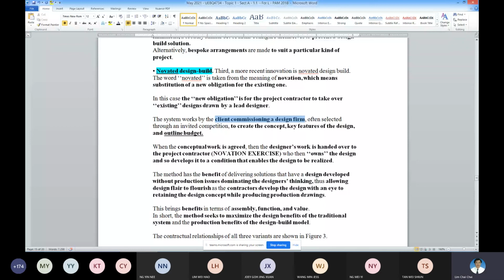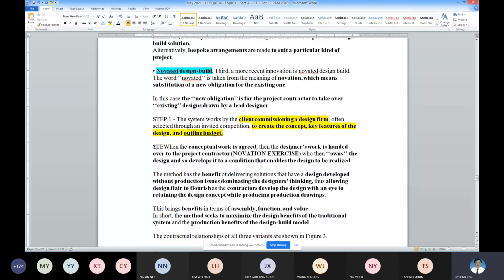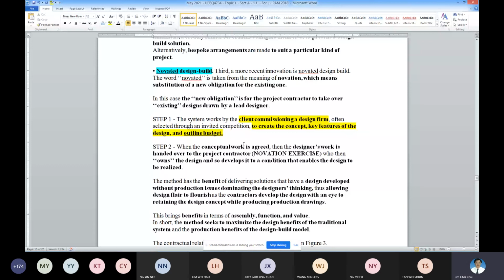This is step number one. Then after that, step number two. This conceptual work already designed for the owner is then handed over to the contractor.